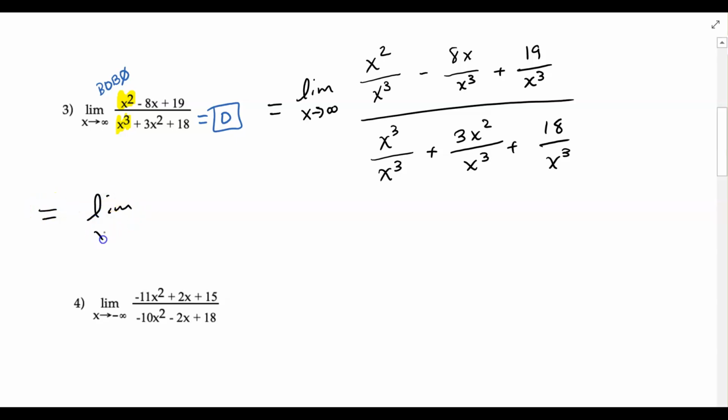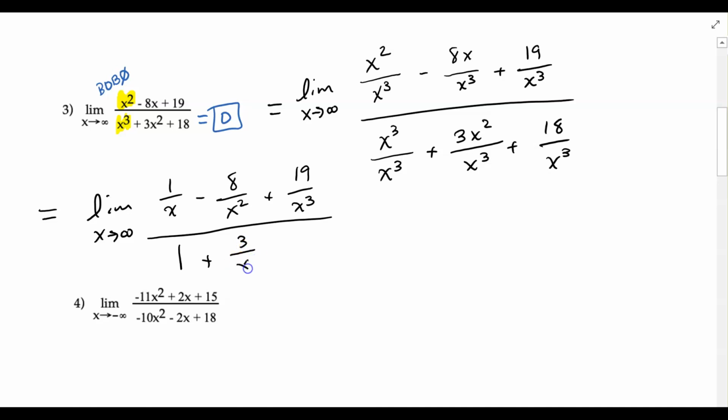The limit as x approaches infinity, in this case x squared over x cubed, when you use powers from algebra, that's 1 over x, and subtract 8 over x squared plus 19 over x cubed. That doesn't change. The denominator, x cubed over x cubed, that's 1, plus the 3x squared over x cubed becomes 3 over x, and then plus 18 over x cubed.